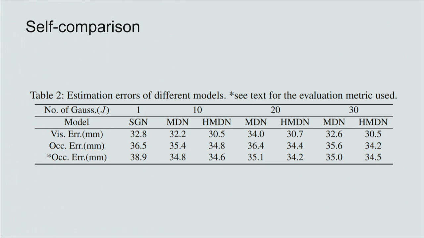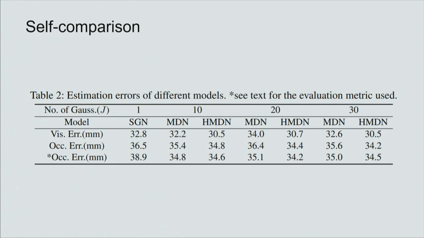As our motivation is actually modeling the distribution and occlusion, we measure these two distributions by getting samples from the predicted distribution. We compare the set of ground truth labels and the set of the samples we draw and calculate their minimum distance to see how well they align with each other.